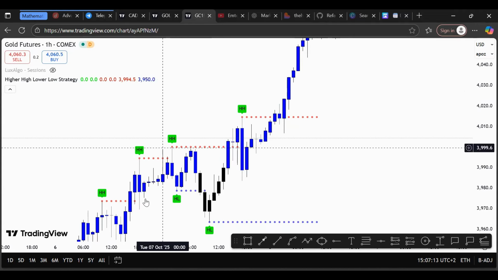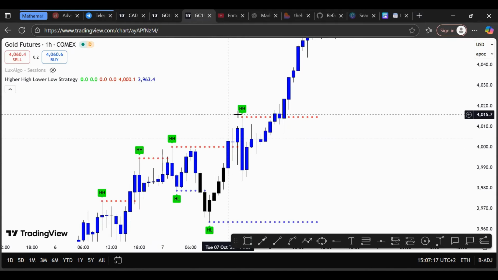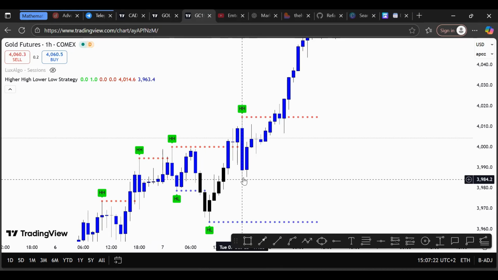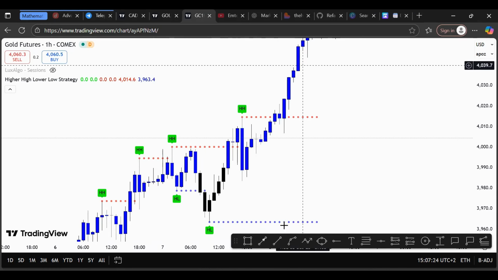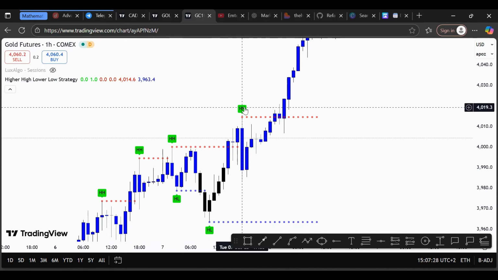But overall, we had a nice push from here to the upside, giving us an indication. Price came back down to correct, and then price started to move to the upside, right? So now you know that this was a higher high, and then this was also a higher high, right?